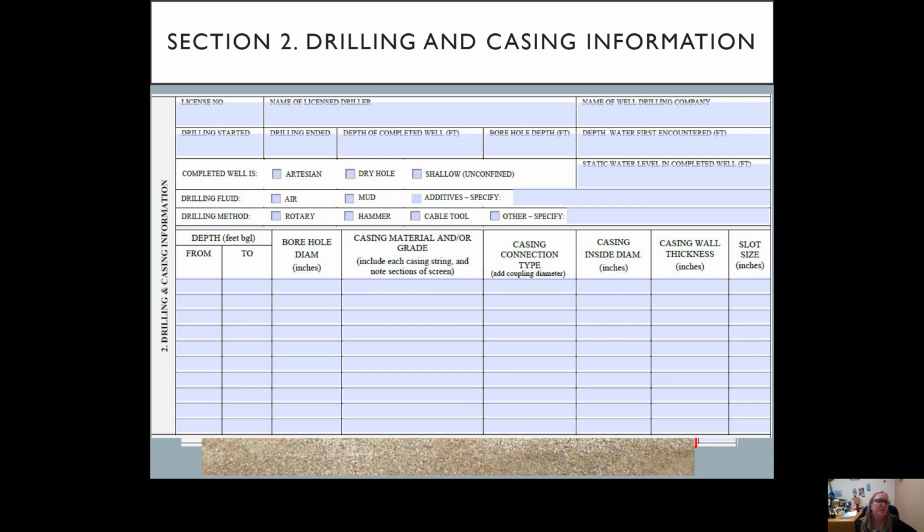This is section 2, the drilling and casing information. Here, the staff will look at the inside diameter of the casing, and we add to that the casing wall thickness, which would be on both sides of the casing, and the combination of the two, the borehole must be 4 inches larger than the casing wall thickness or any casing connection type.